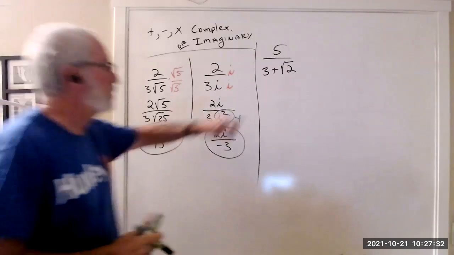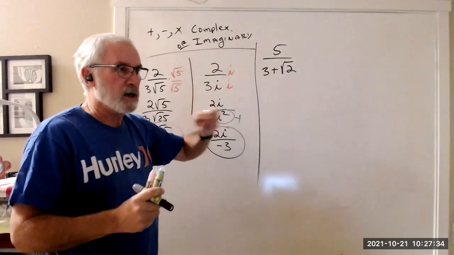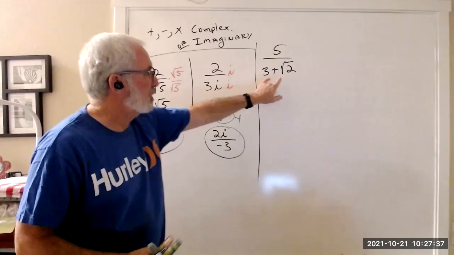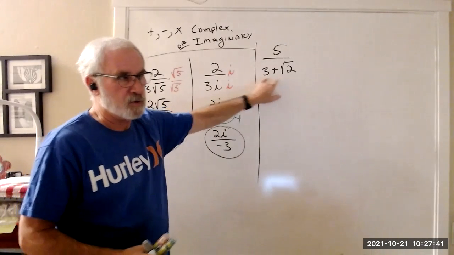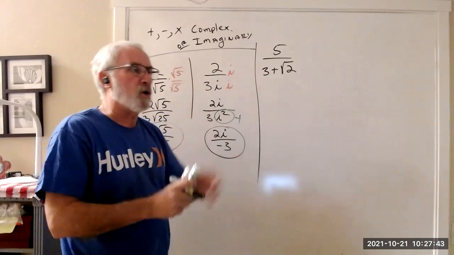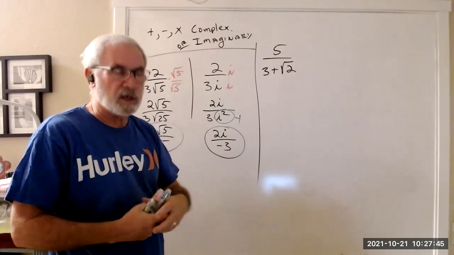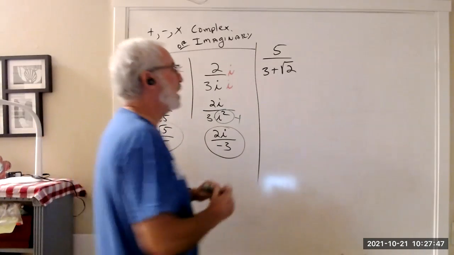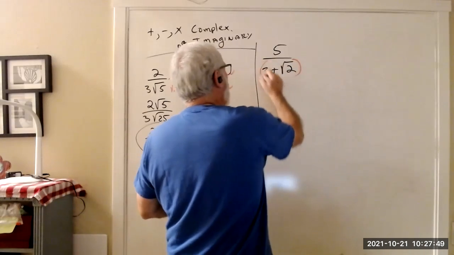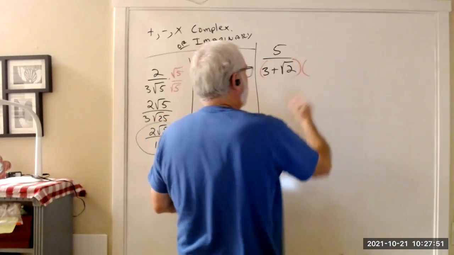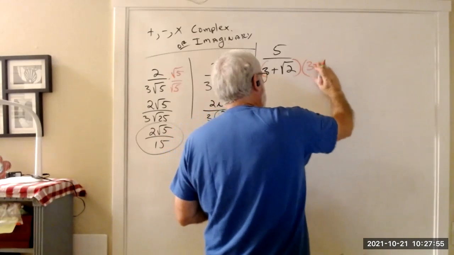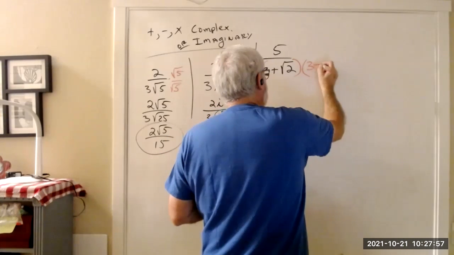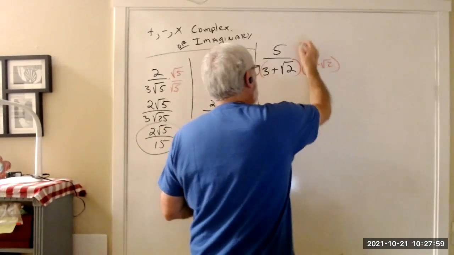Can you simplify this? The difference is this is a binomial. There's two things here. So there's a special game we used, called multiply by the conjugate. So out of thin air, you pull 3 minus the square root of 2 to top and bottom.